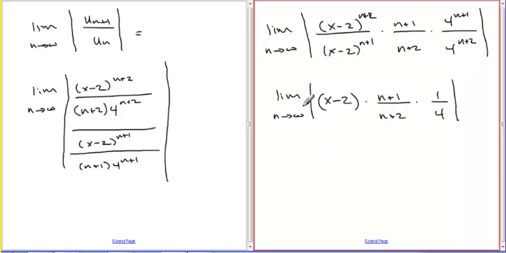Okay, so then we let n go to infinity. This part's going to go to 1, because I have the same highest order term here, and the leading coefficient is 1. So we'll end up with the absolute value of x minus 2 times 1/4, and that has to be less than 1 for this thing to converge.